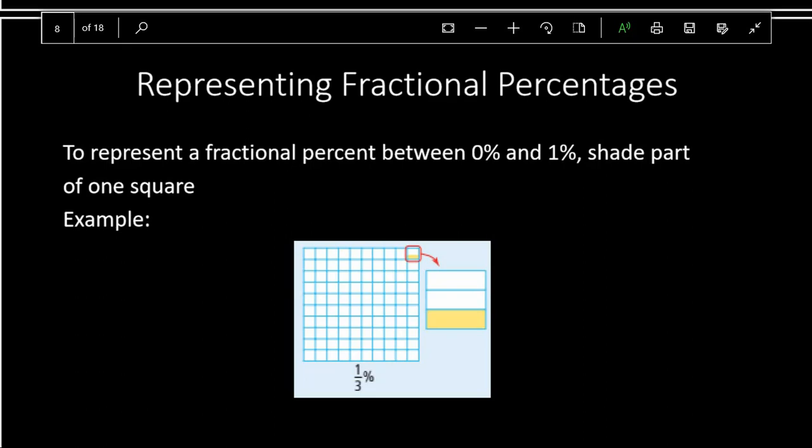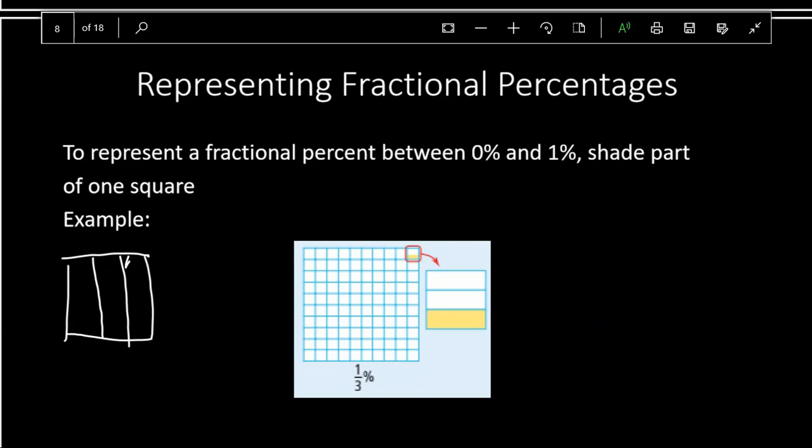So in our example here, what they're trying to show us is how to represent 1/3 of a percent. Really all they're doing is taking their one individual square, the one that's blown up there, and since our fraction is 1/3, we're going to split up our square into 3 even portions.